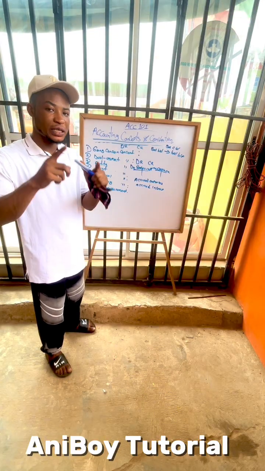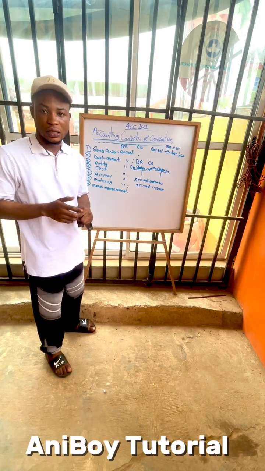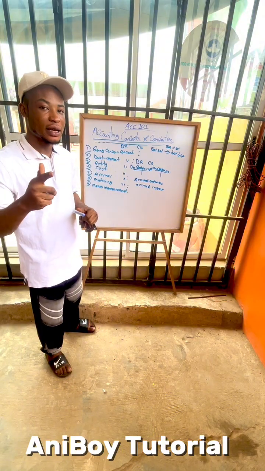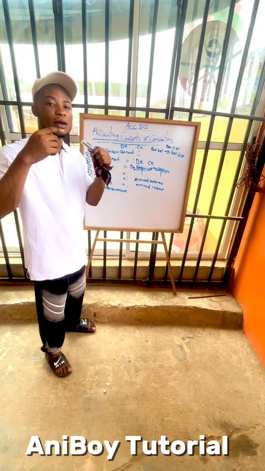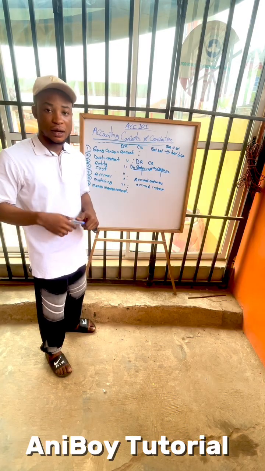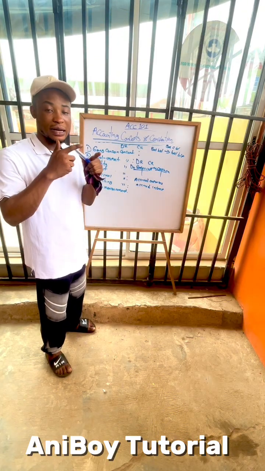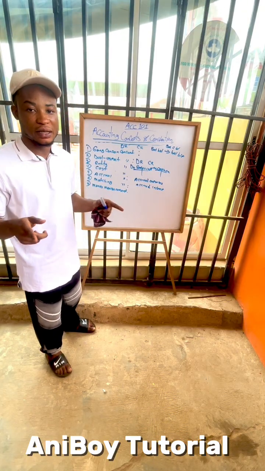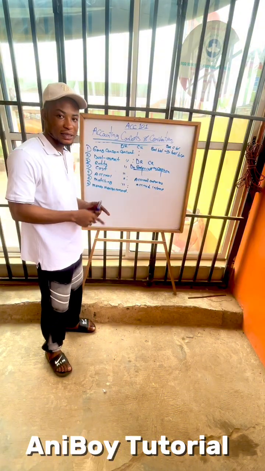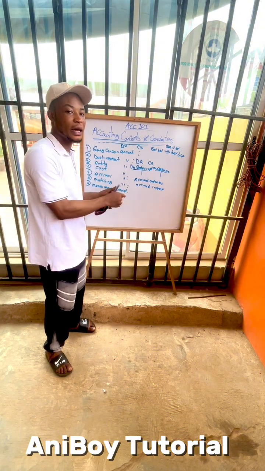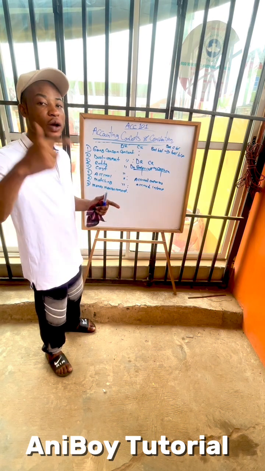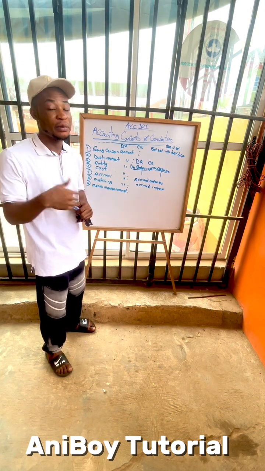That is, when revenue has been earned, it should be recognized, even though the money has not been received. And as a business, once you incur any form of expense, it should be recognized in your book. It should be noted down, and it should not wait until those expenses are paid for.